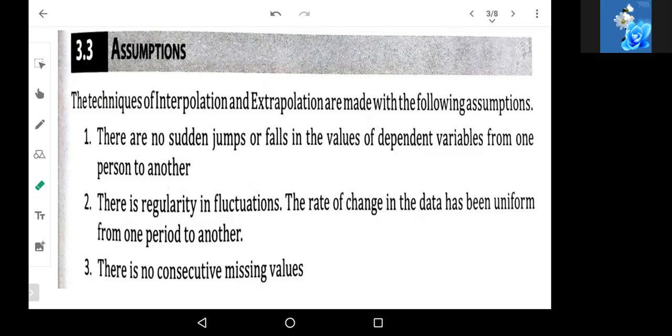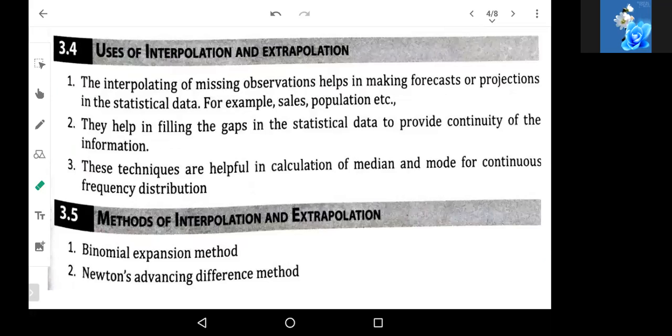Now the next one: uses of interpolation and extrapolation. Where do we use interpolation and extrapolation? Firstly, interpolating missing observations helps us in making forecasts and projections in the statistical data. Here we will actually be calculating the missing values in the data.